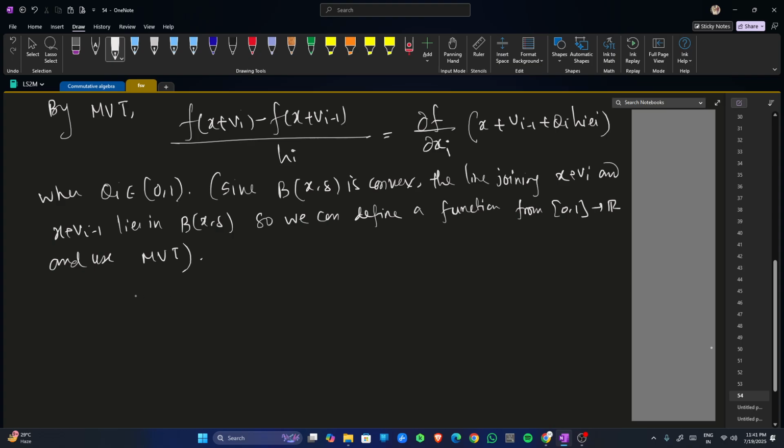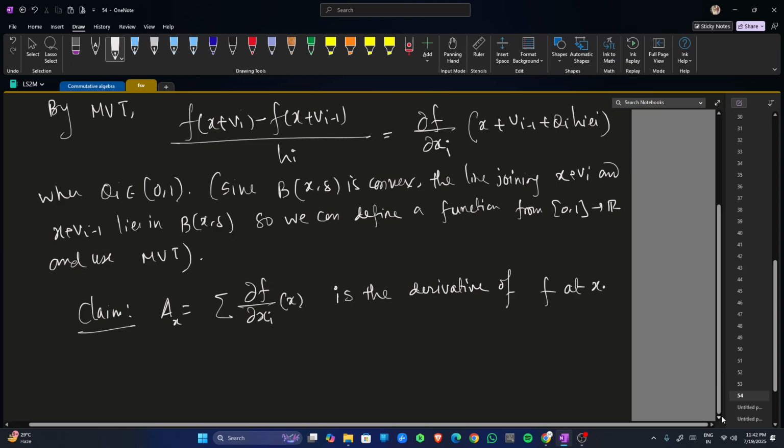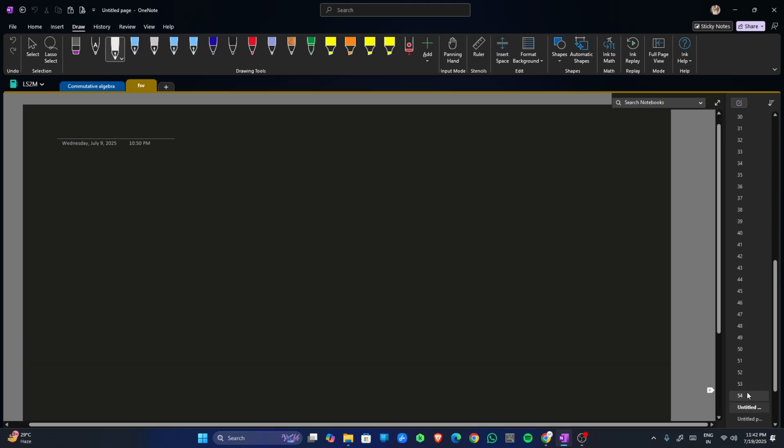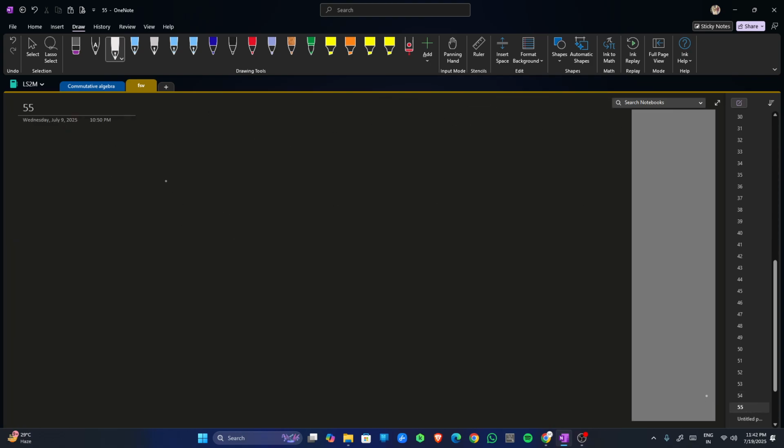Now claim: A, which is del f del x_i notationally at the point x, is the derivative of f at x. So what do we need to show?